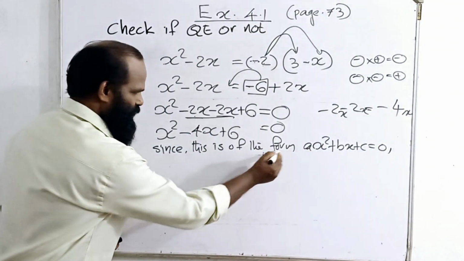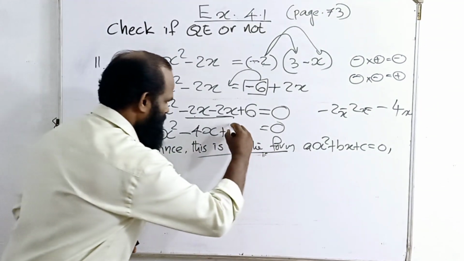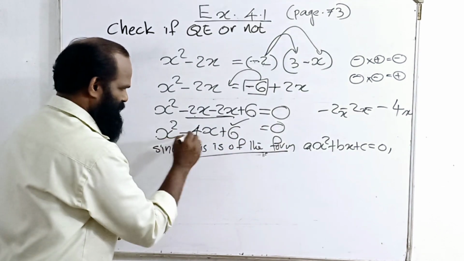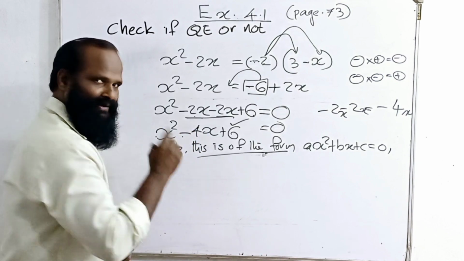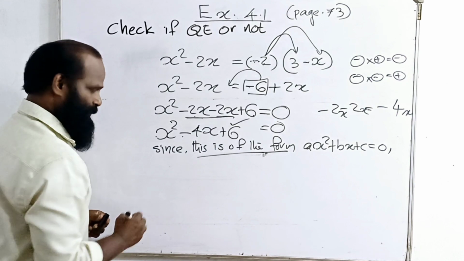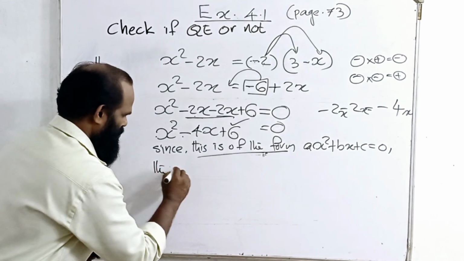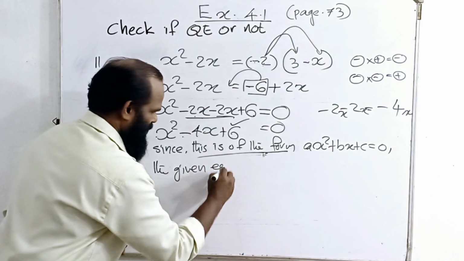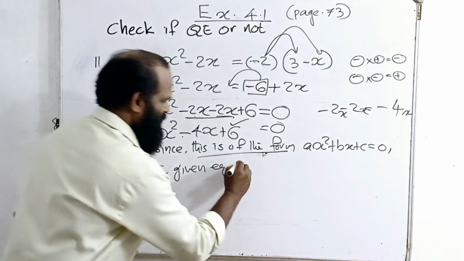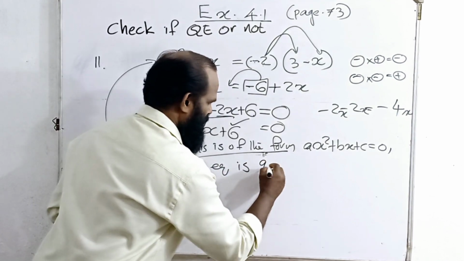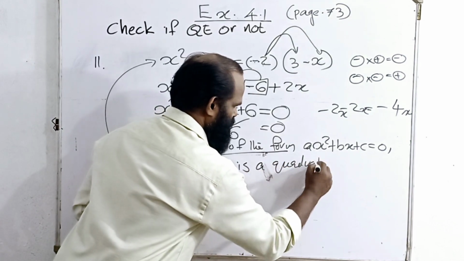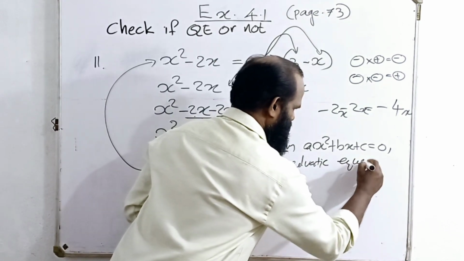Since this is of the form ax square plus bx plus c, it can be made plus, as I have explained in one of the videos. Since this is of the form ax square plus bx plus c, the given equation is a quadratic equation.